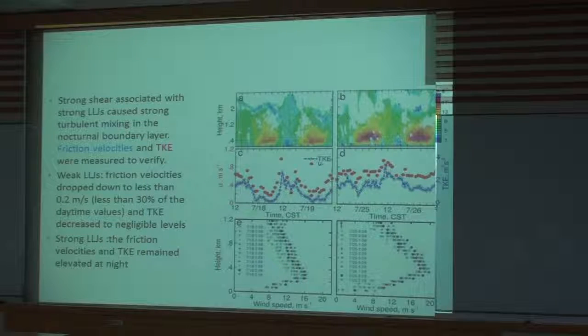We see that in the strong case, the friction velocity dropped to less than 0.2 meters per second, which is 30% of the daily value, and the TKE decreased to even a negligible level. But for the strong low-level jet case, the friction velocity and TKE remain relevant at night.